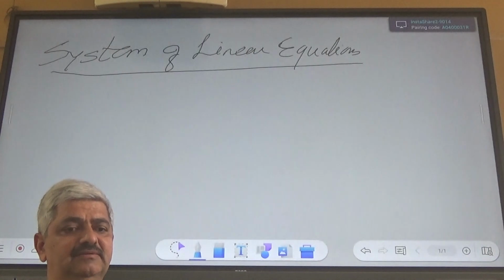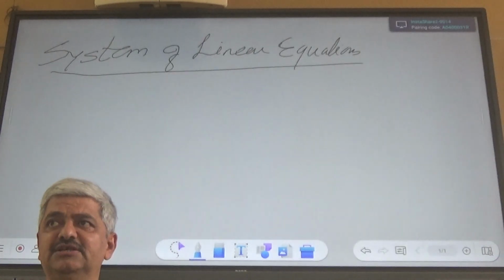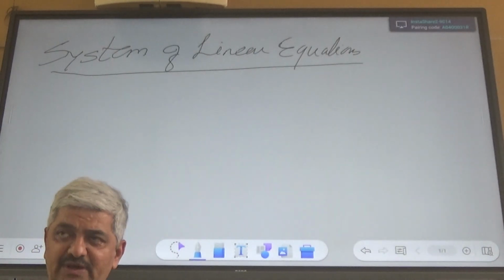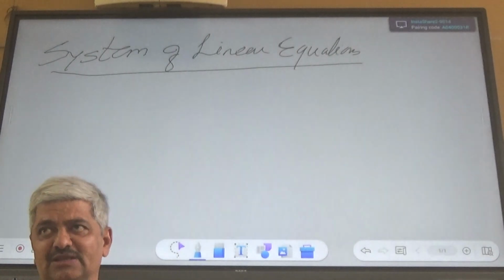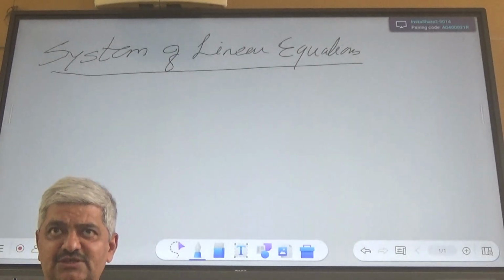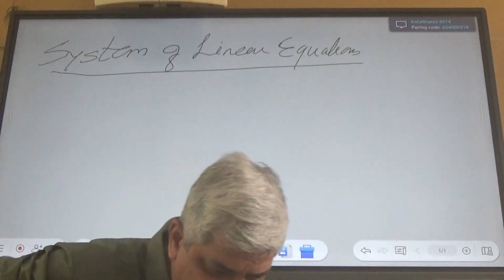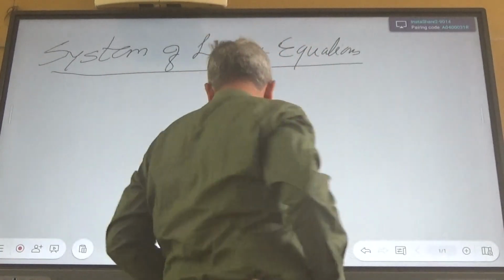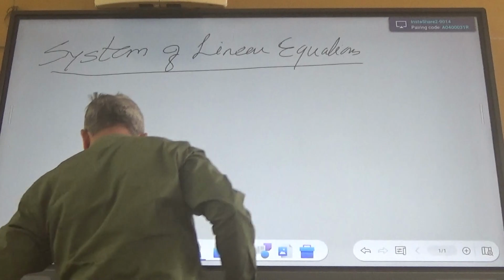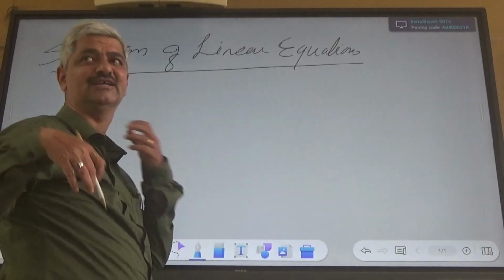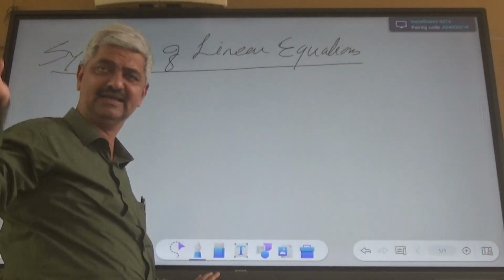That is, some constant into one variable plus some other constant into other variable plus some other constant into other variable. If we write it like this, instead of x, y and z, we say x1, x2, x3 as variables and like that.